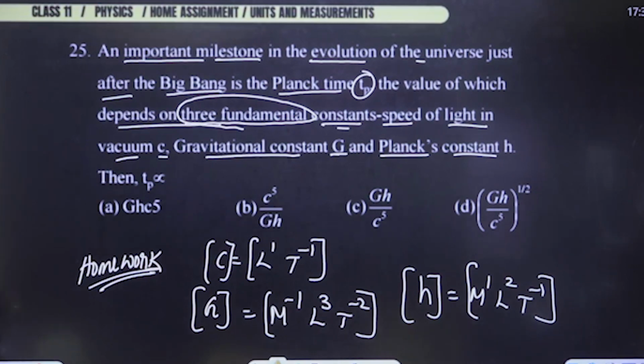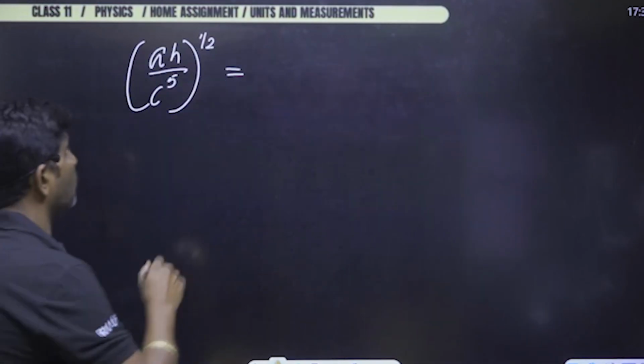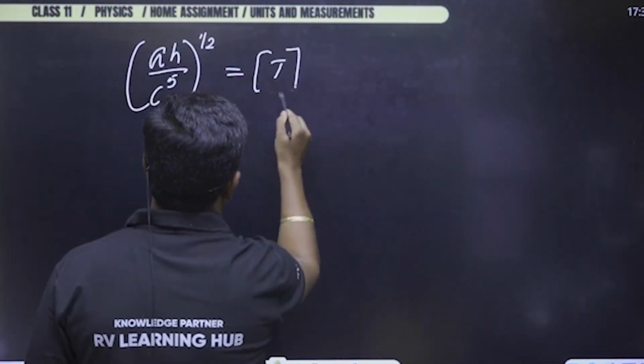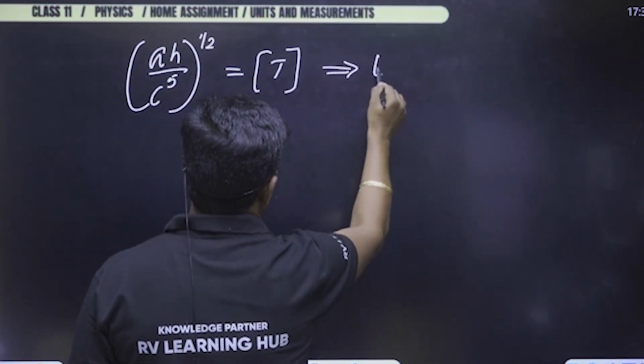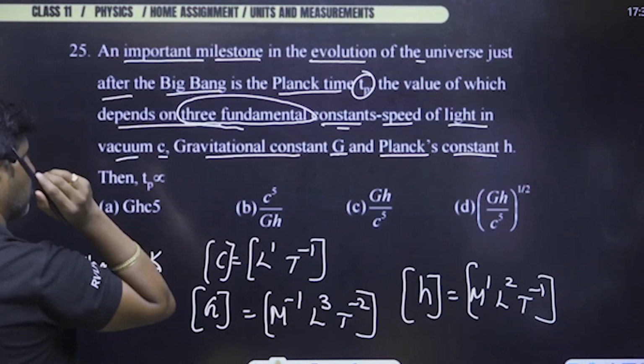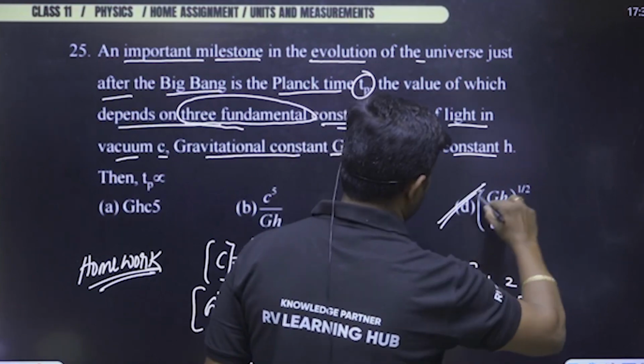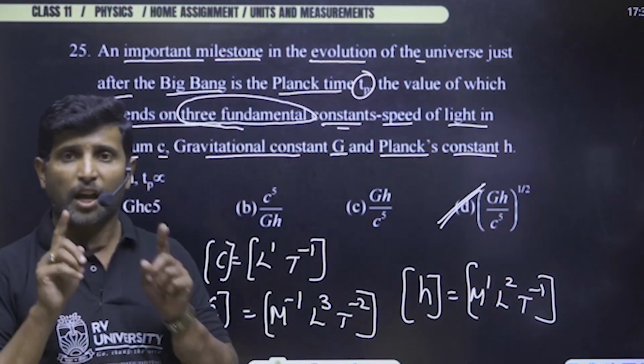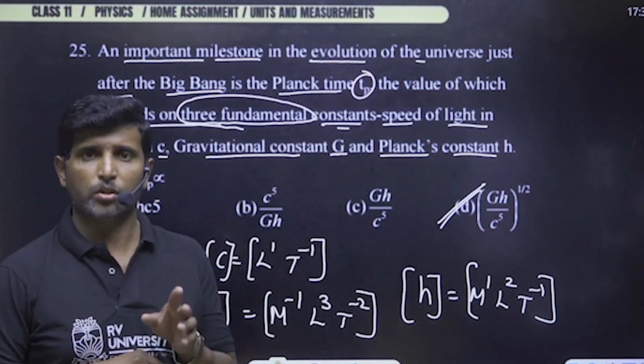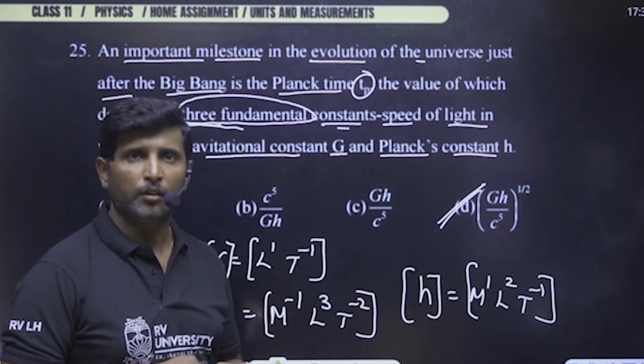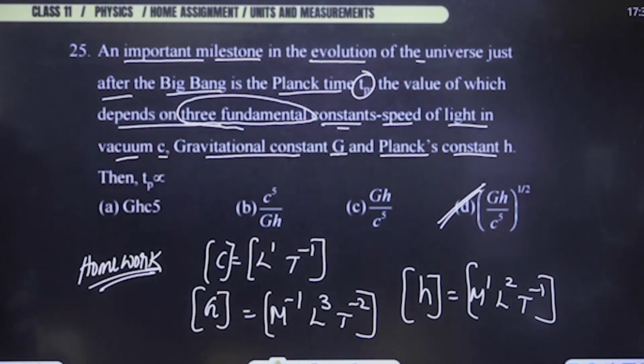Then that will be proportional to capital T, and this implies that it is Planck's time, hence we can get option D. I have given the hint to you, you have to substitute and simplify, then only you get practice, okay.